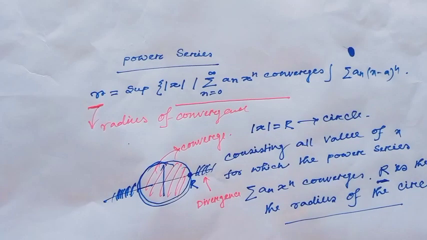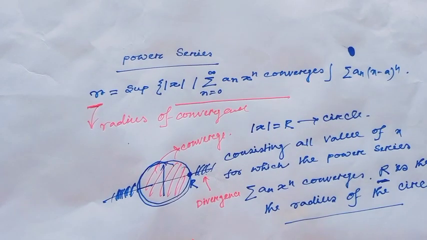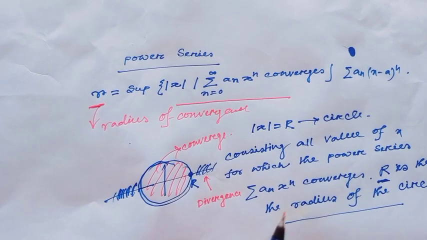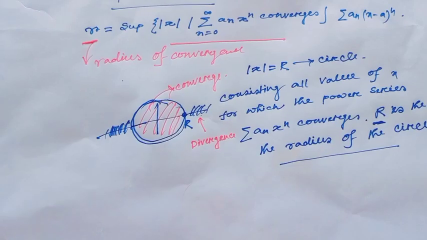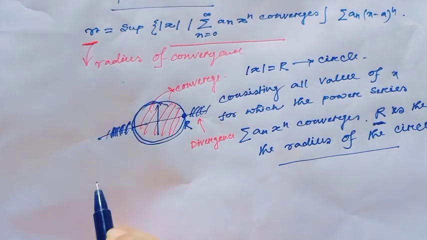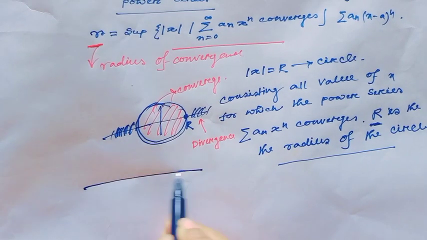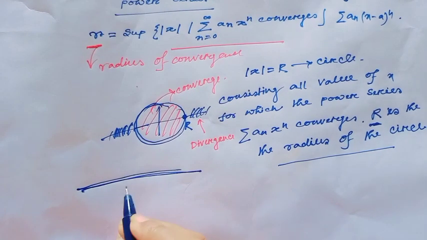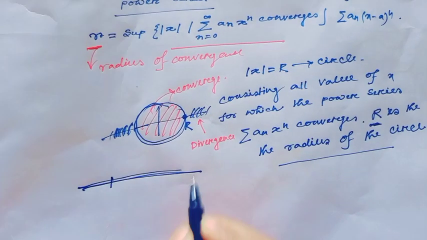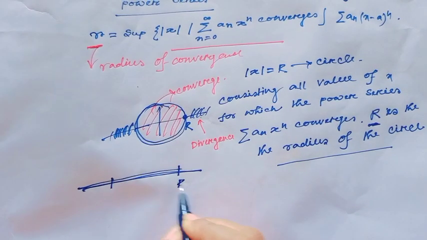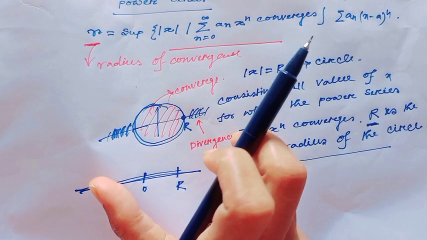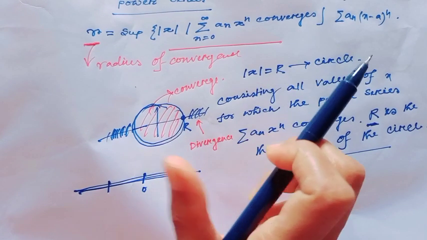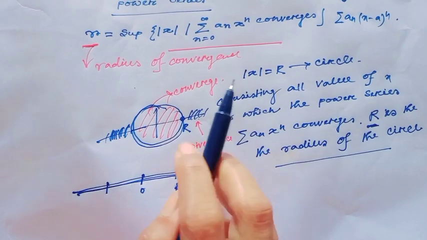Since r is the radius of the circle, this convergence is called the radius of convergence. Also, if we consider this picture, this distance is r, and in the definition it is the supremum value of all |x| for which the series a_n x^n converges.